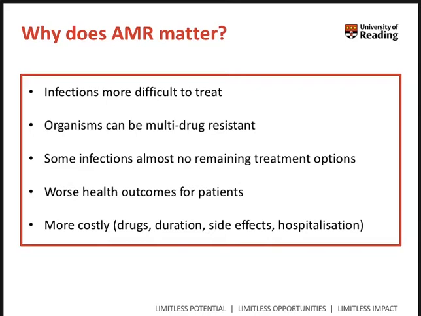You might have to use less desired drugs, perhaps because they're less efficacious, they have a worse side effect profile, or greater toxicity, or perhaps they interact with patients' other medications. So there are lots of different reasons why there are worse health outcomes for patients. In some cases, it might be very difficult to cure an infection. And of course, all of those things also lead to more cost for the healthcare system.